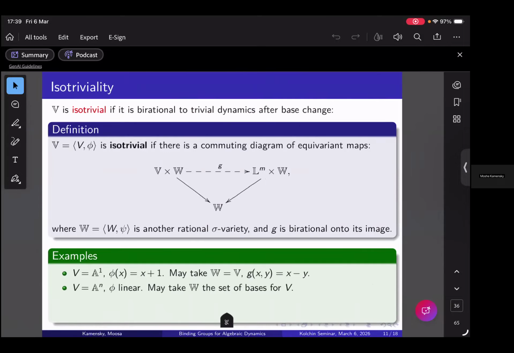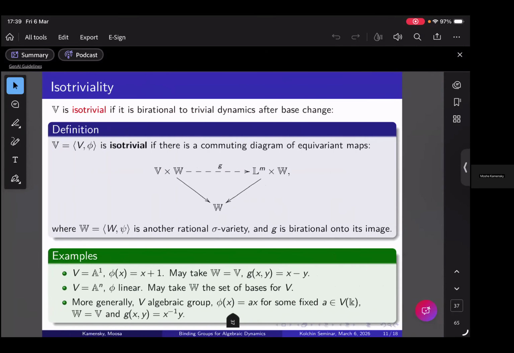Another familiar example, used in the Galois theory of linear difference equations, is V equal to affine space and phi linear. It's a linear map, and then you take W to be the set of bases for V. You can generalize these examples.